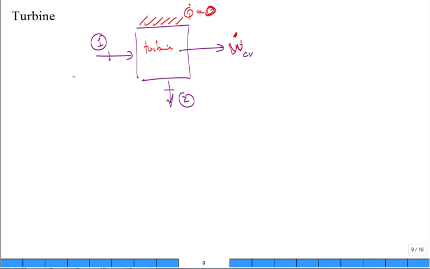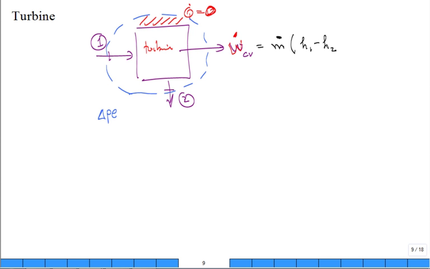How does that happen? Well, you apply the first law for this control volume around the system. Typically neglect changes in potential energy, elevation. And what you'd find is that this is equal to the mass flow rate, one inlet, one outlet, times high inlet enthalpy, low exit enthalpy.